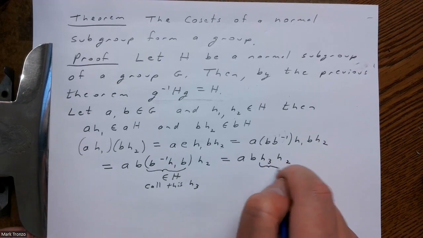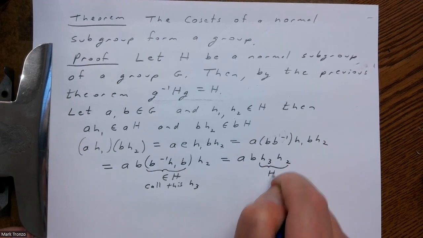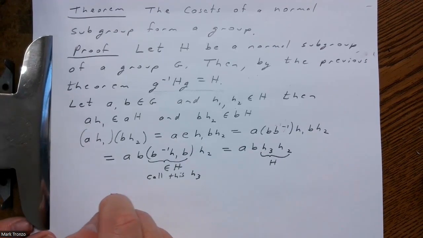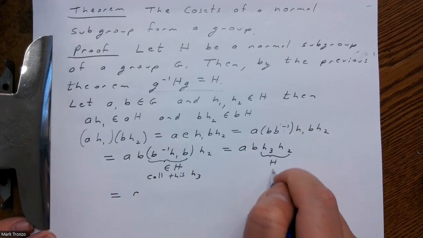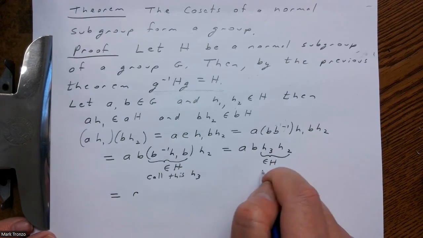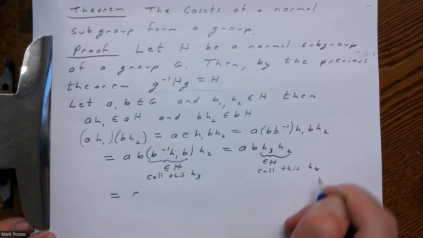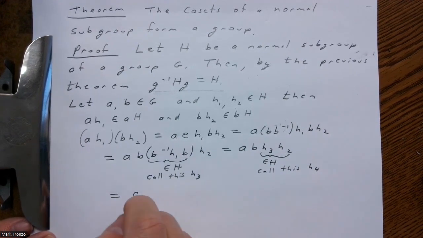Of course, this is obviously an H, and maybe call this H4. So then we're going to have AB, H4, like this.